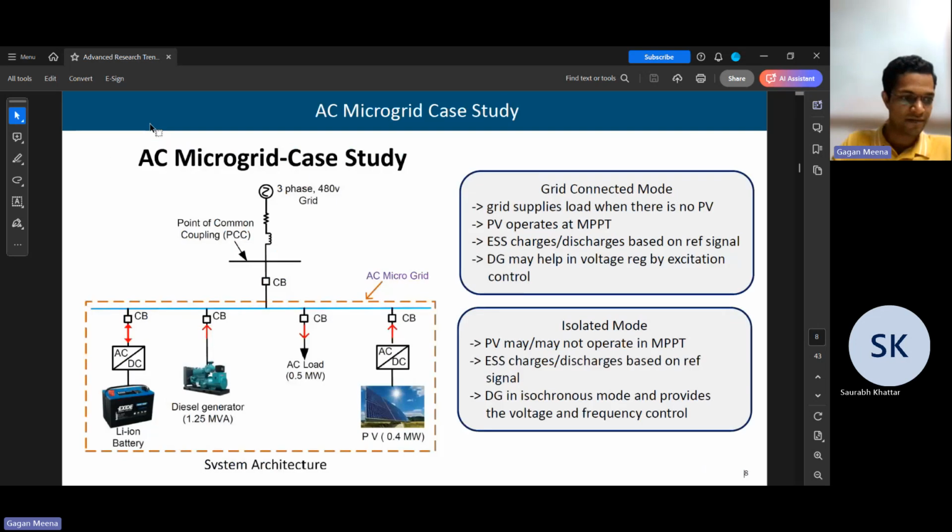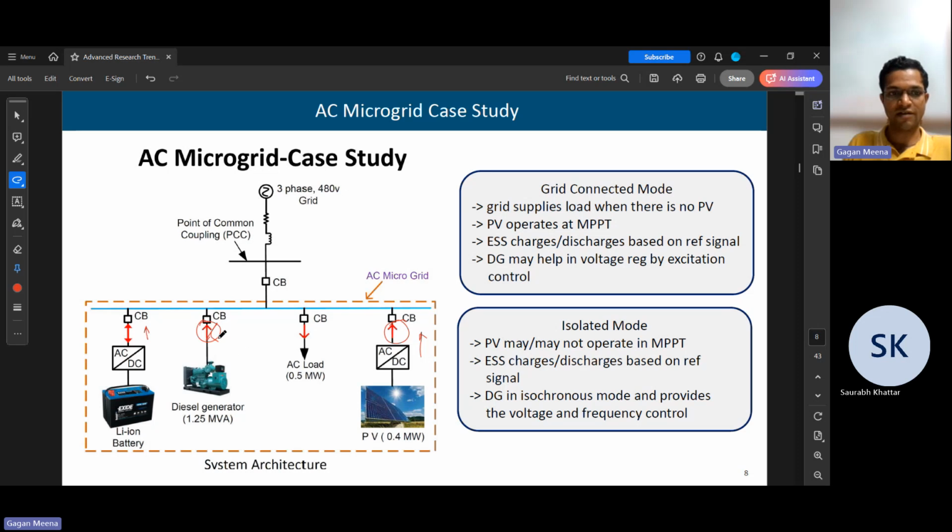So we were here. I was saying that this battery has a bidirectional converter, while the others have only a unidirectional converter.